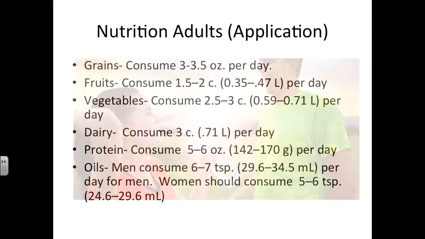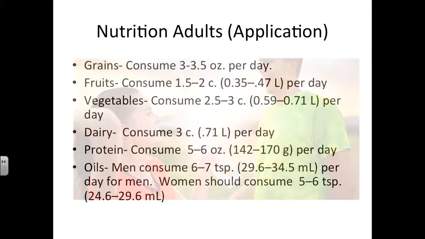Nutrition for adults. What can we do to fight malnutrition and to maintain a healthy diet? Consume grains at 3 to 3.5 ounces per day. Fruits, consume daily 0.35 to 0.47 liters per day.